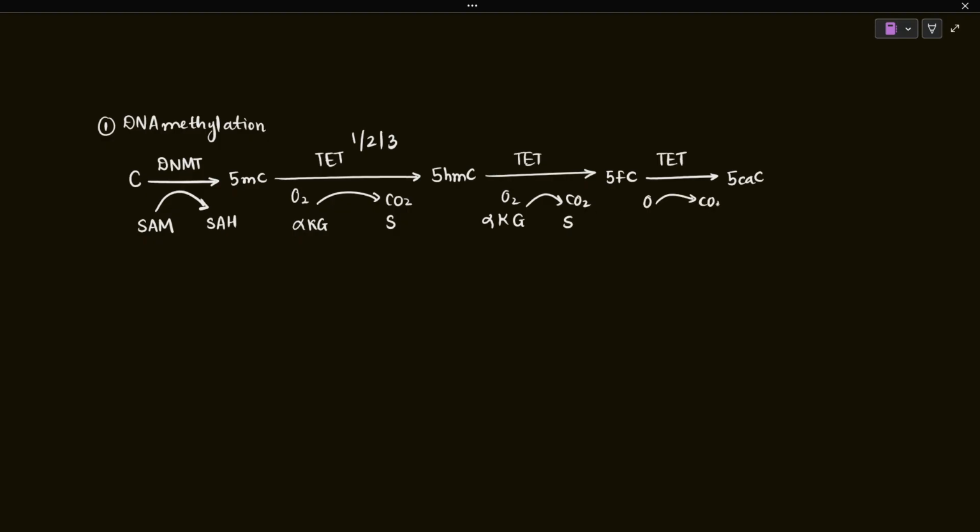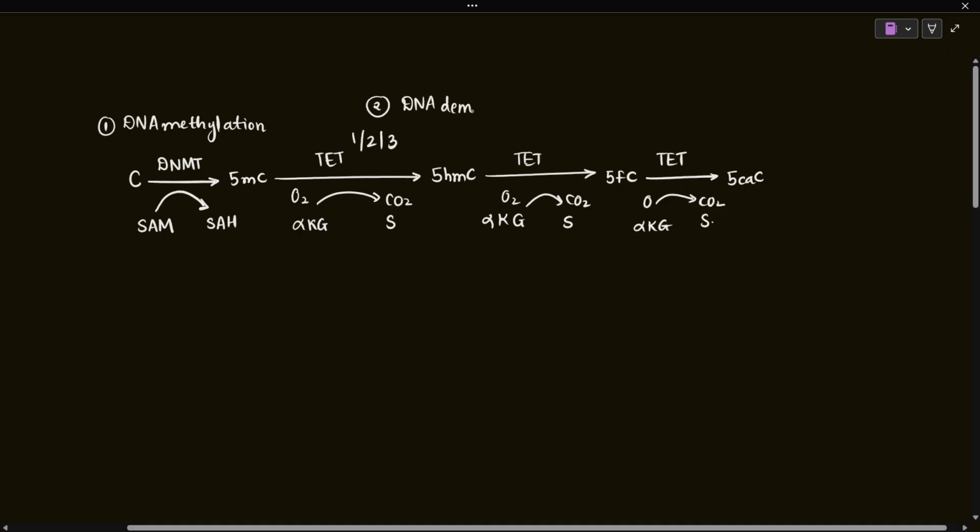Oxygen gets converted to CO2 while alpha ketoglutarate gets converted into succinate. So this is the whole series, from 5-methyl cytosine to the different products: 5-hydroxymethyl cytosine, 5-formyl cytosine, and 5-carboxyl cytosine. All of those demarcate DNA demethylation.